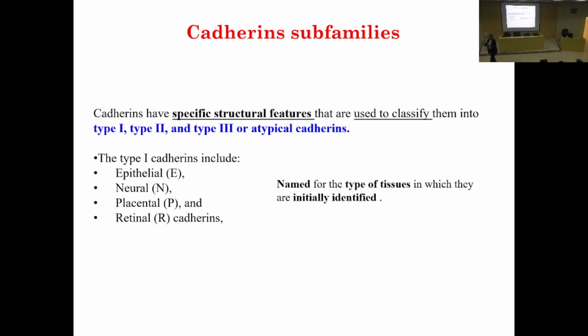And even their names, we name them according to the tissue where we find them. E for epithelial, N for neural, P for placenta, all right? Retinal, R, all right? So these letters always refer to the tissue where they were first discovered.